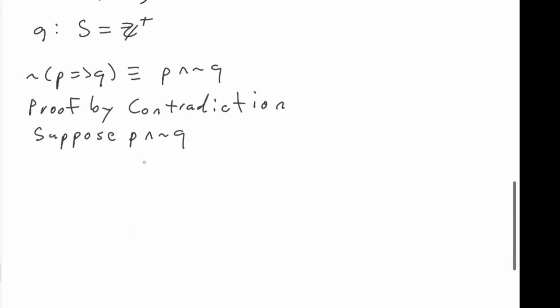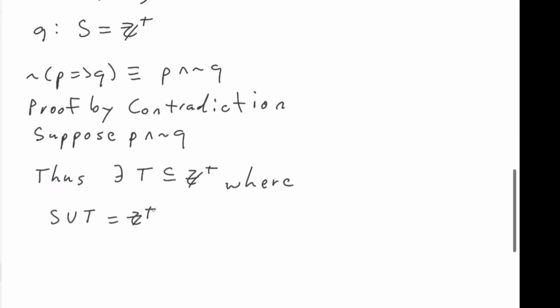So just like last time, if S is not the whole set of positive integers, then there exists T, which is a subset of the positive integers, where S union T is equal to the set of positive integers, T intersection S is equal to the empty set, and T is not empty.